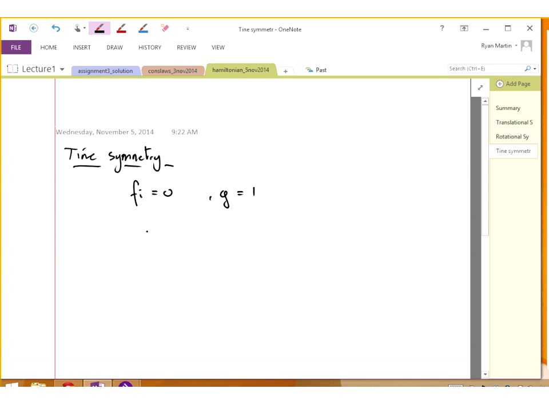So a translation in time means that t prime is equal to t plus a little bit. So we just change when time equals 0, that's a translation in time, right?